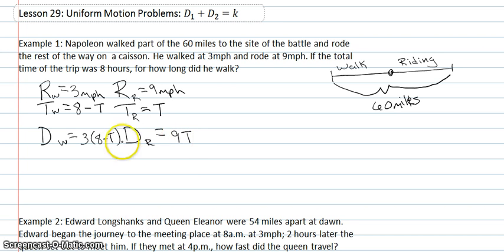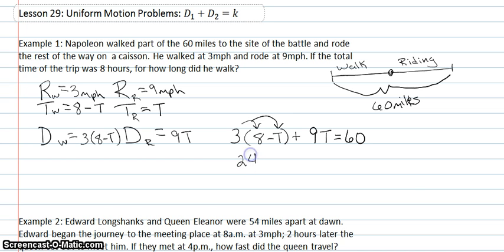Now I know when I add those two distances together, I would get 60 miles. So that's what we're going to do. 3 times 8 minus t plus 9t equals 60. Then I'll distribute my 3, so I'll have 24 minus 3t plus 9t equals 60.